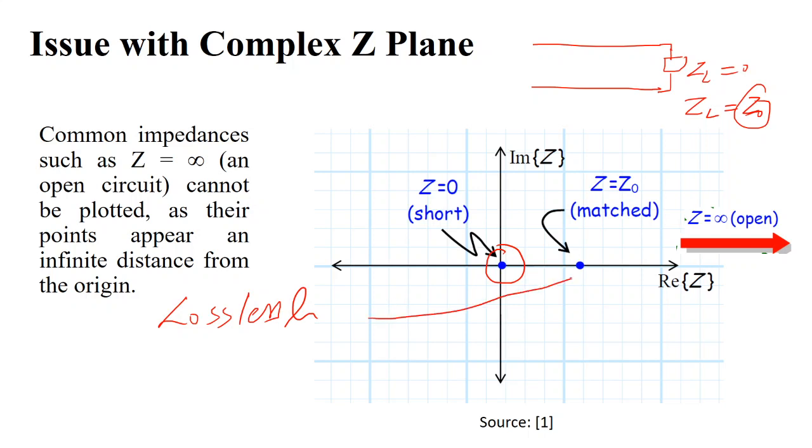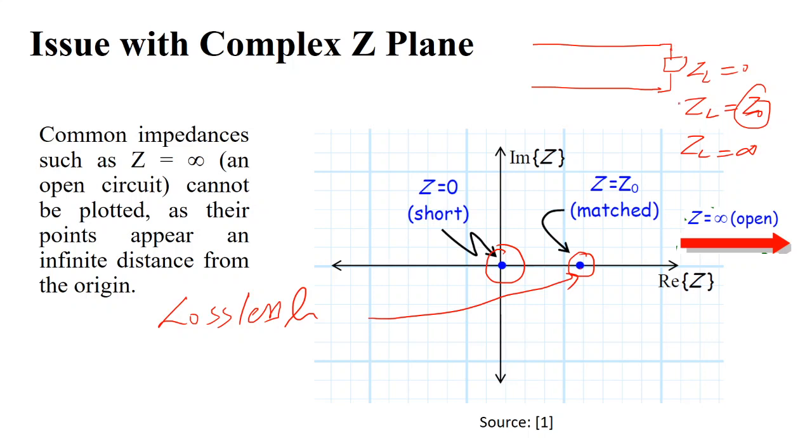In that case, the point will come on the real axis because the imaginary part is zero. This point will lie somewhere on the axis depending upon the value of Z naught. That is called the matched load. Now, if Z is infinite, it means ZL is infinity, which means the load is very high or it is open circuited.